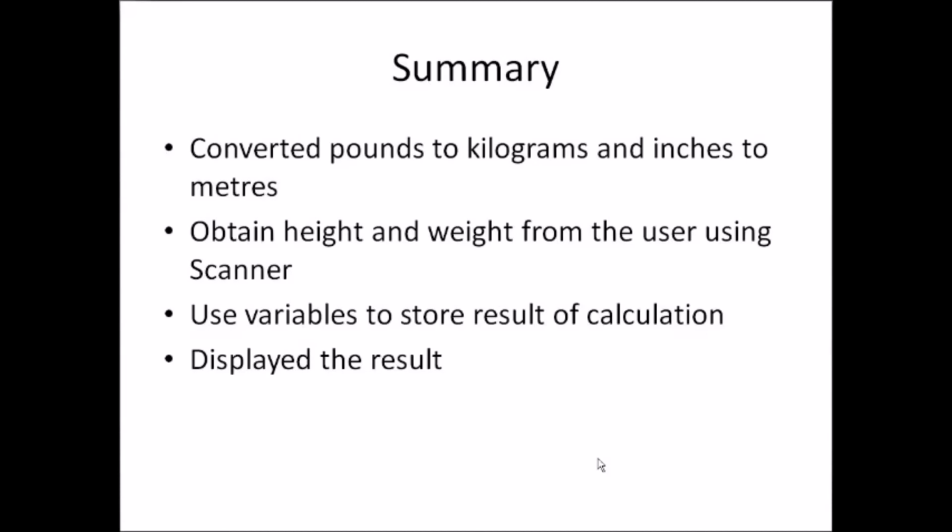But the lesson here is you should always obtain input from the user in a format they're comfortable with because it's very easy for computers to do the conversion. So we obtained the height and weight from the user using Scanner, and then we used variables to store the result of this calculation, and we displayed the result. We've worked out how to calculate the body mass index of a person. Thanks a lot.